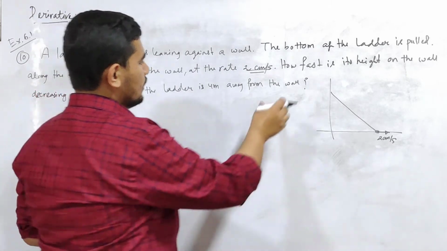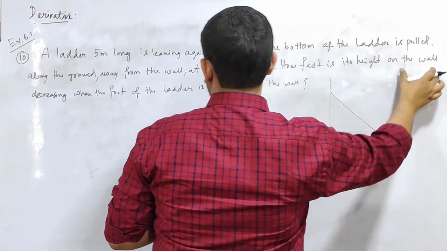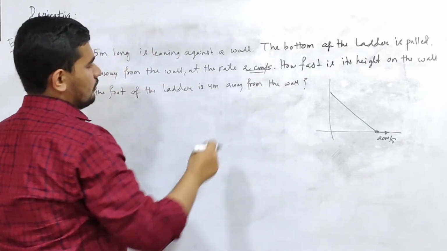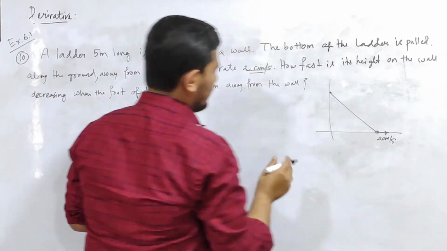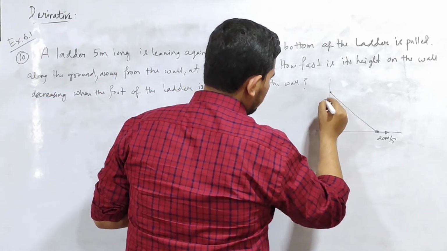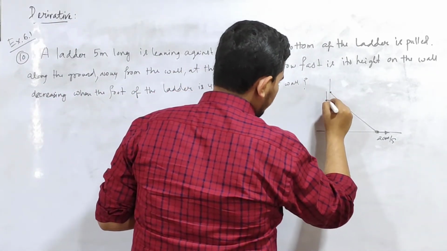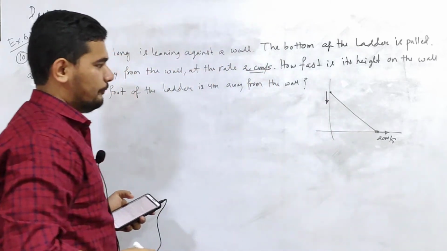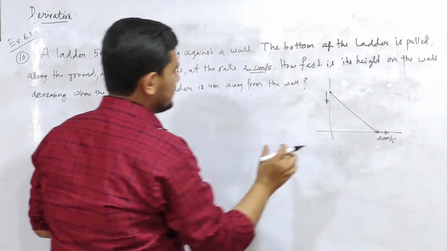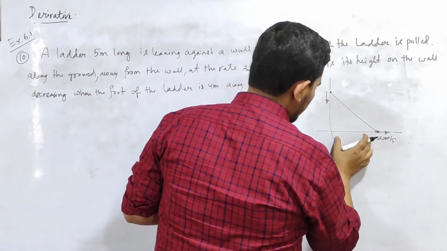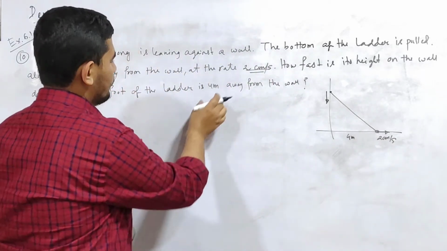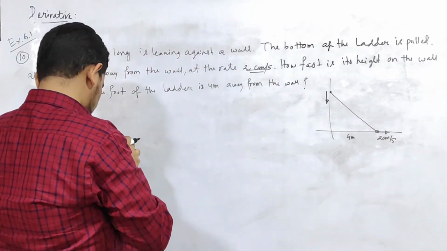So how fast is its height on the wall decreasing when the foot of the ladder is 4 meter away from the wall? We need to determine the rate at which this point is moving downward, at that instant when the foot of the ladder is 4 meter from the wall.